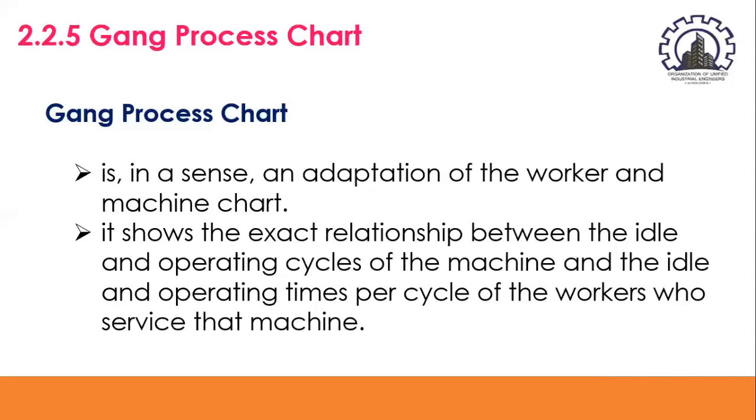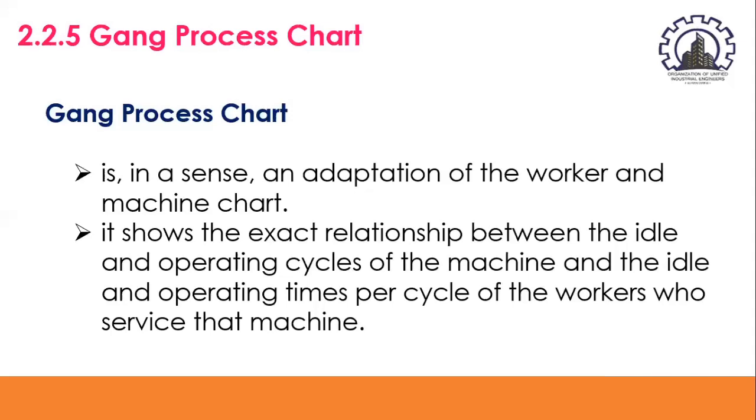And also, it shows the exact relationship between the idle and operating cycles of the machine and the idle and operating times per cycle of the workers who service that machine. Now, this chart reveals the possibilities for improvement by reducing both idle operator time and idle machine time.